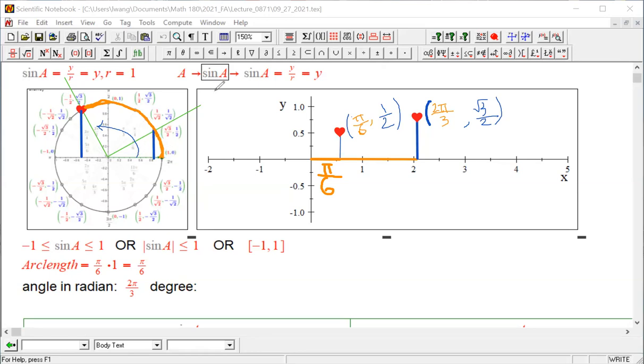Let's say I measure an angle that terminates at negative pi over 3. So the terminal, I'm going to use green. This is the angle. So this angle is negative pi over 3.